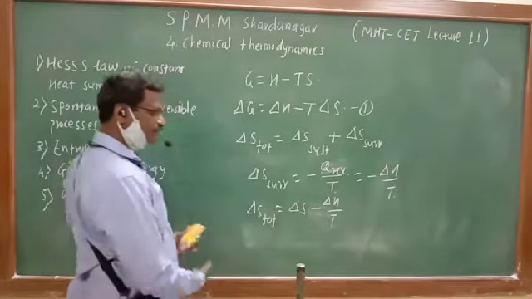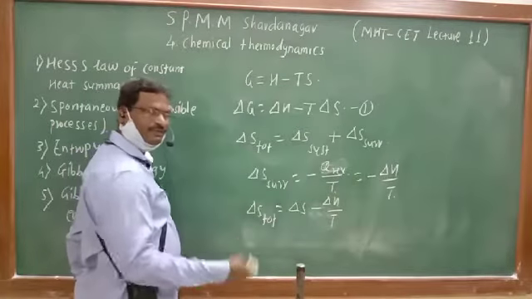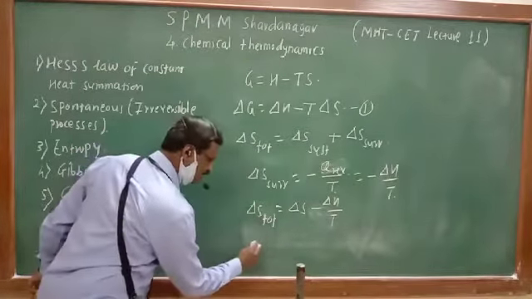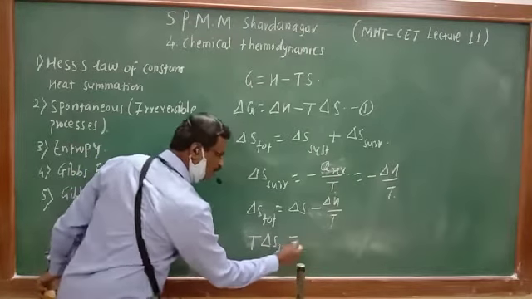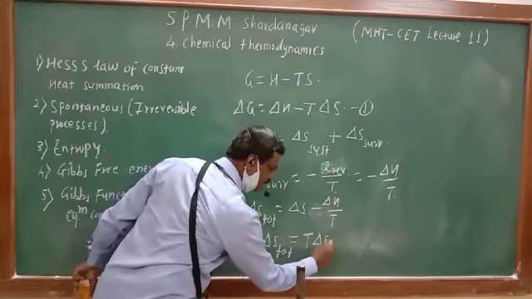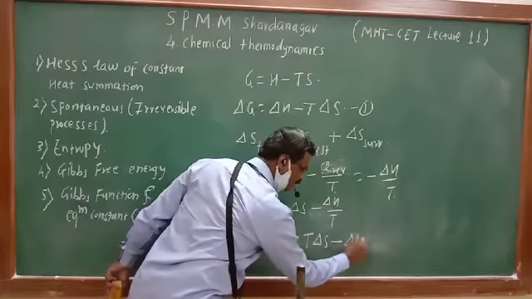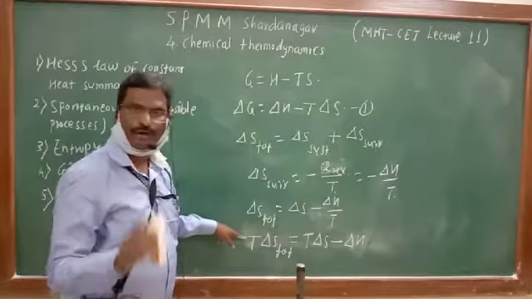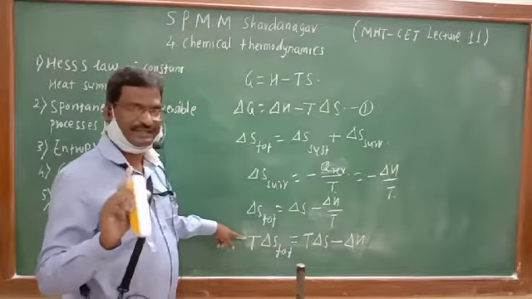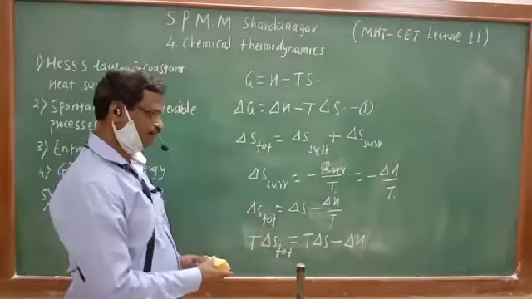On multiplying both sides by temperature T, the left side is T delta S total, which will be equal to T delta S minus delta H.